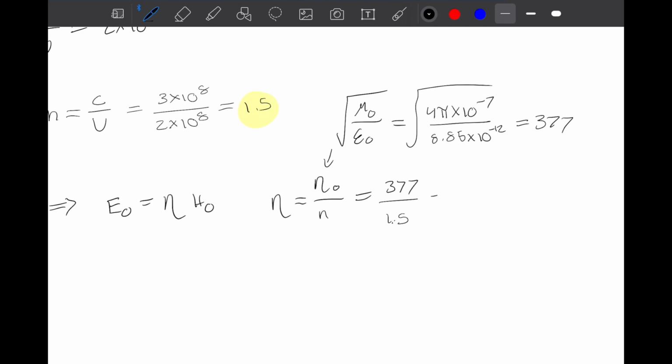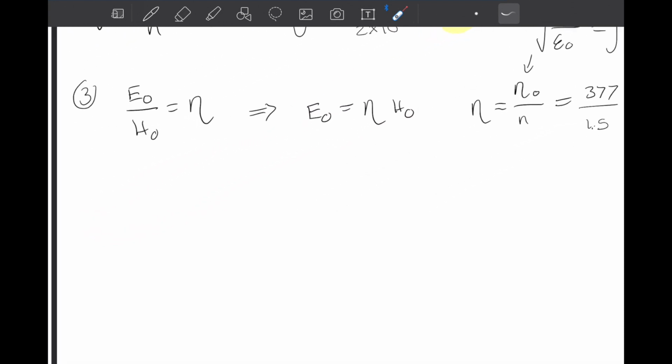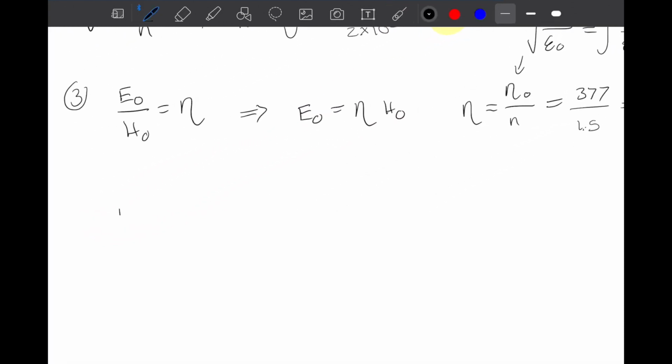So 377 divided by 1.5 gives us a wave impedance of 251. Now, looking back at this equation, E naught equals 251 times H naught.